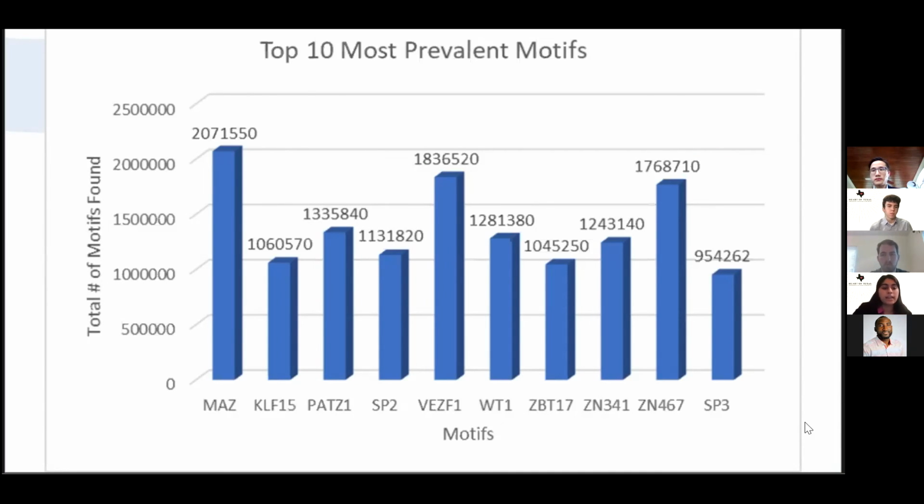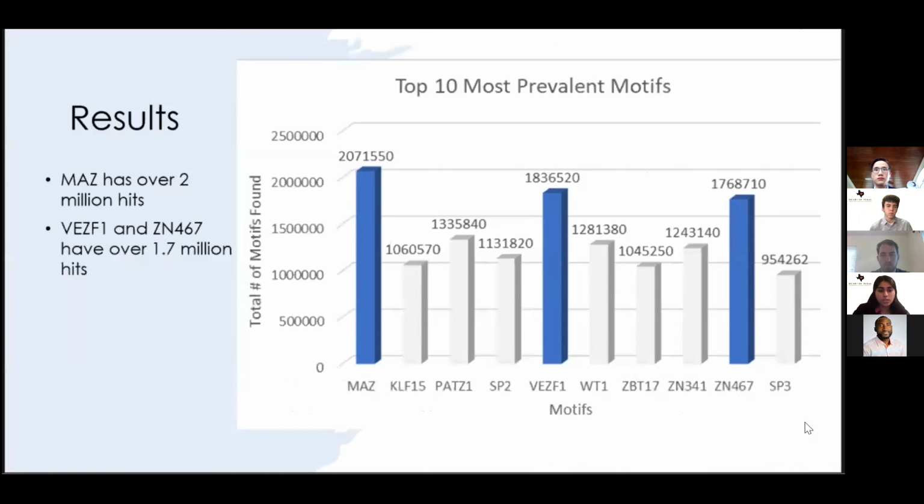You can see a depiction of how much variation is in between these motifs. We found MAZ to have over 2 million hits, and it was our most common motif present. VEZF1 and ZN467 have approximately over 7 million hits.